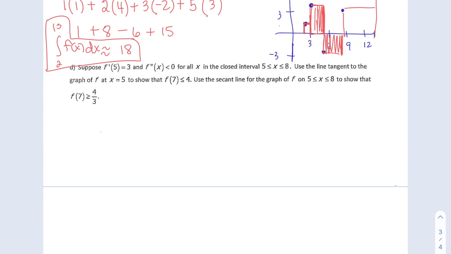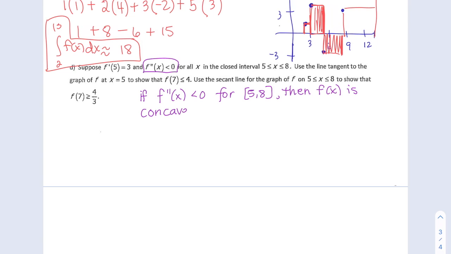Okay, so this first piece, we know that f double prime of x is less than 0. So if f double prime of x is less than 0 for 5 to 8, then f of x is concave down on this interval 5 to 8.